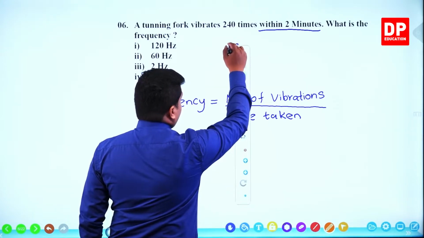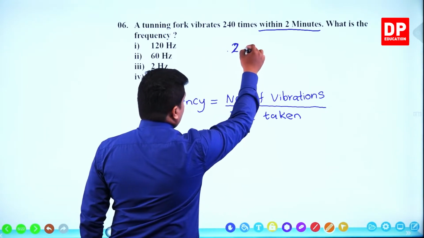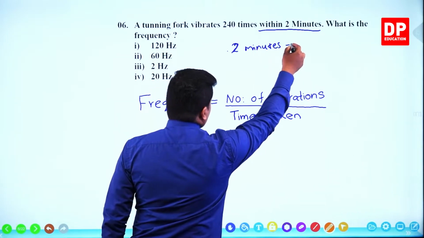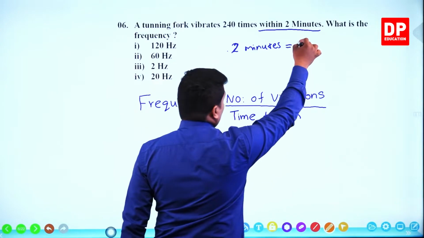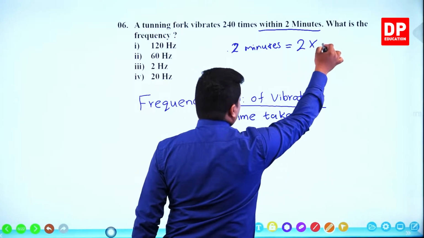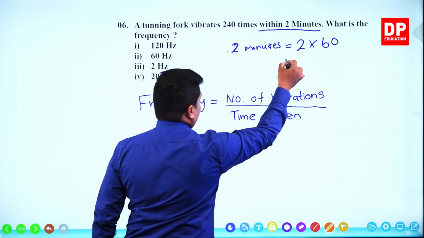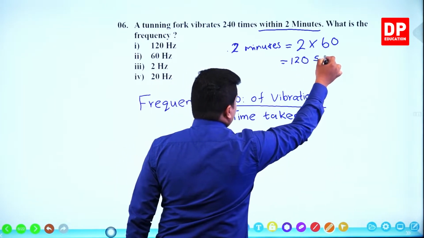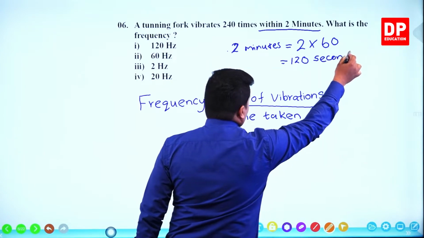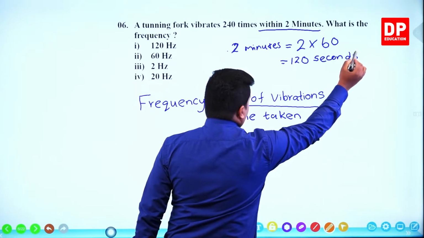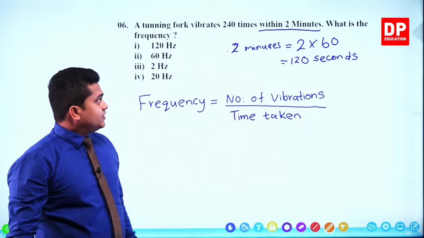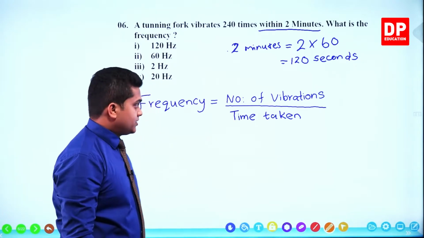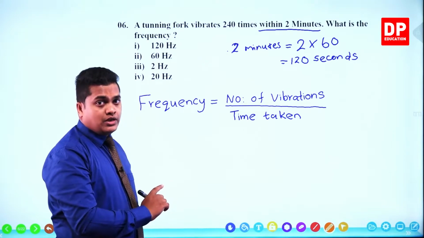So 2 minutes is equal to 2 times 60 seconds, altogether 120 seconds. So within 2 minutes there are 120 seconds. Now let's apply the formula to get the answer.